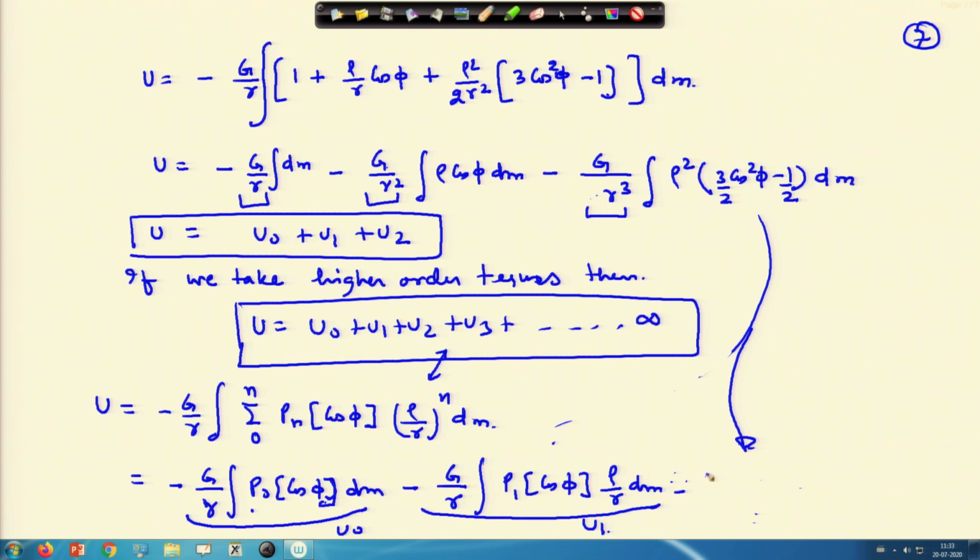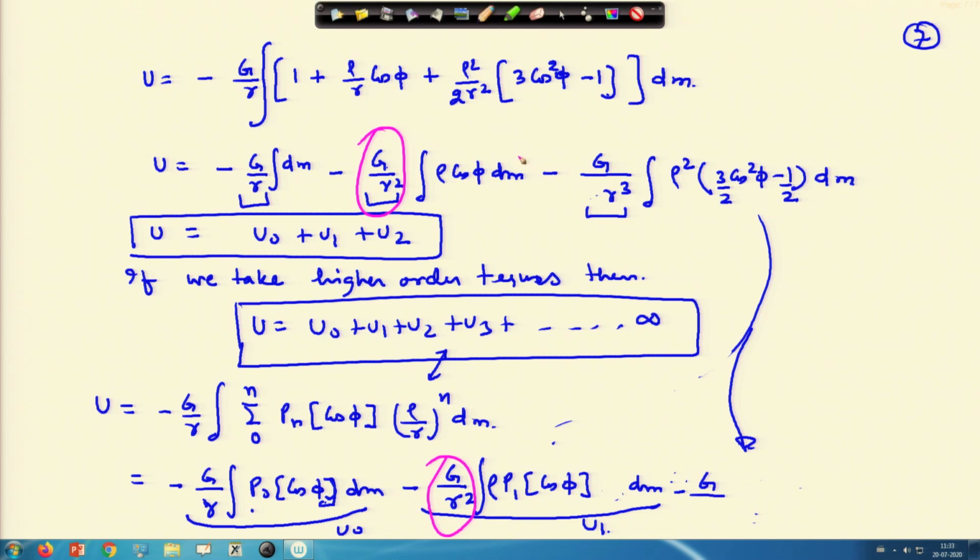The next term will be minus g by r; rho we can take outside and r we can take out. So you can see g by r square appearing here, and the rest inside is rho p 1 cos phi dm.